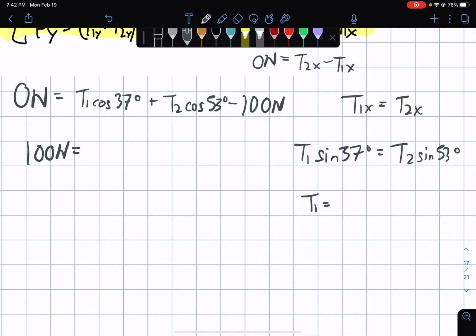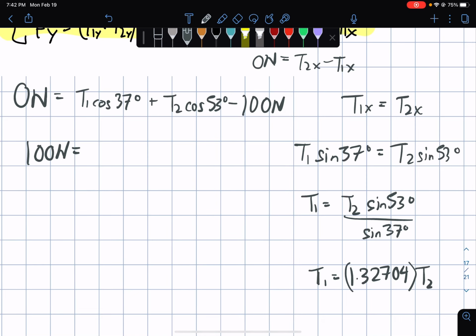Okay, so T1 is equal to T2 sine 53 degrees over sine 37 degrees. So sine 53 over sine 37 is 1.32704, and then T2.